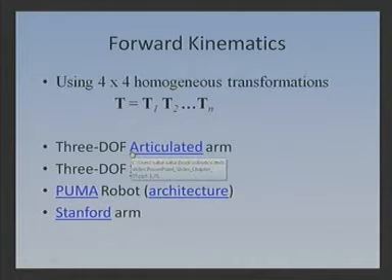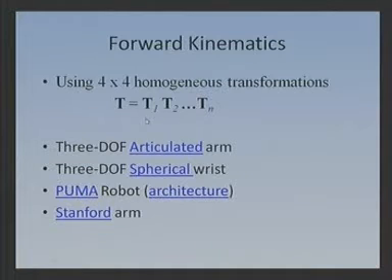Just to remind you, forward kinematics solutions can be obtained by multiplying T1, T2 up to Tn. Since today we will be talking about 3 degree of freedom robots, the arm and the wrist, we will have T1, T2 and T3.